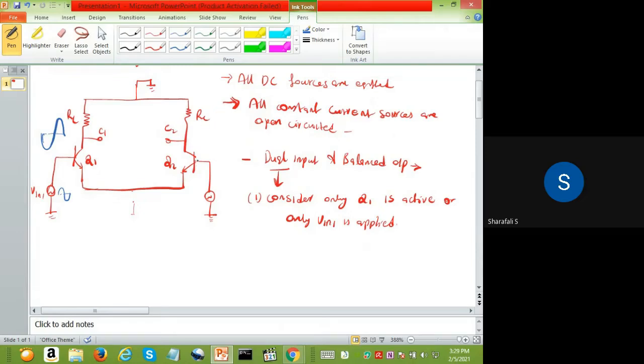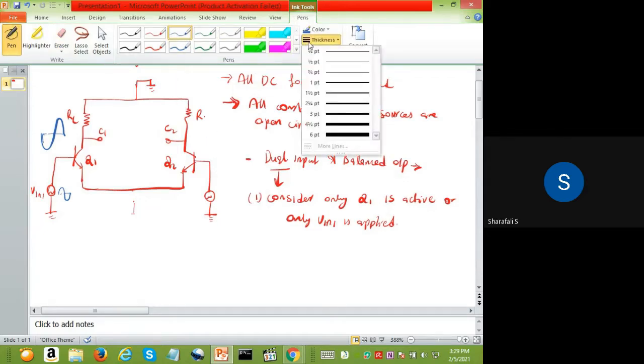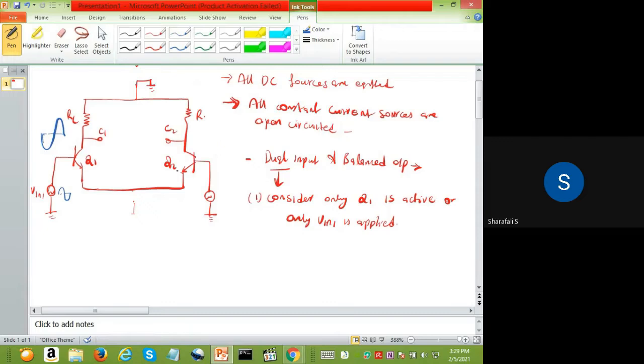When it is in common base configuration, the output will not have that phase shift, but the amplification will be there. Amplification is the same, but there will not be any phase shift. So both of these should have the same magnitude.